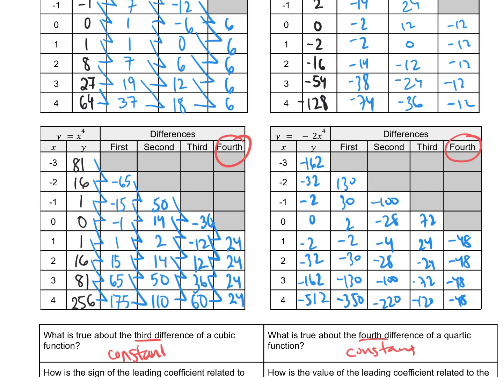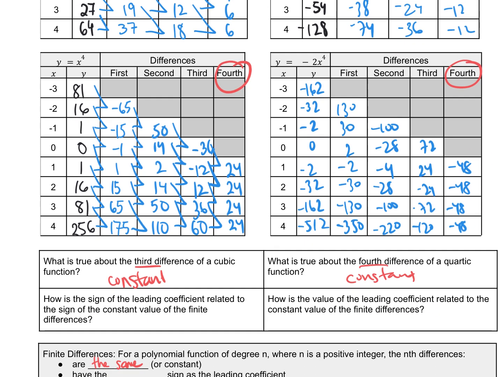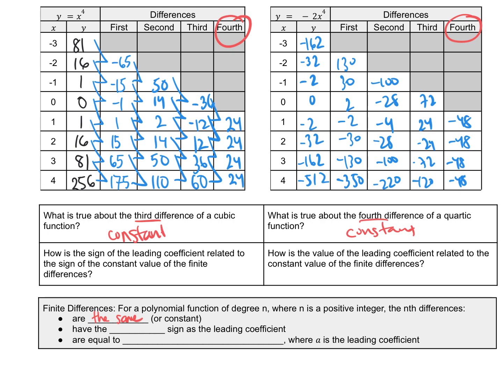Negative leading coefficient, negative fourth differences. So the sign of the leading coefficient and the sign of the constant value are the same. So going back to our generalization, the nth differences have the same sign as the leading coefficient.